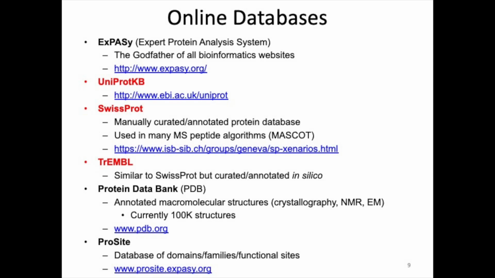UniProtKB, SwissProt, and TrEMBL, we use them often in proteomics. PDB, the Protein Data Bank, has protein information, including protein structures. In addition, PROSITE, a database of domains, contains information on protein families and functional sites.